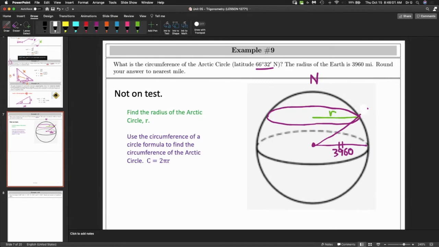So we can do that here as well. So that's a radius there. And then we're in business, because now you can just construct a right-angled triangle. There's your right-angled triangle. And the only thing that we need to discuss now, so this is 3960 as well.